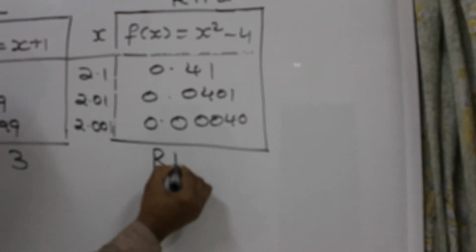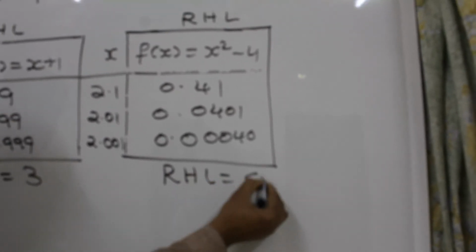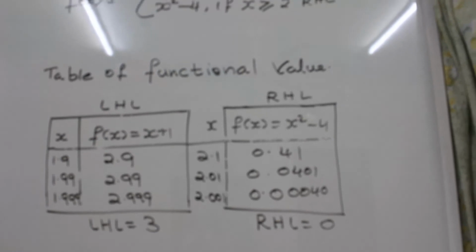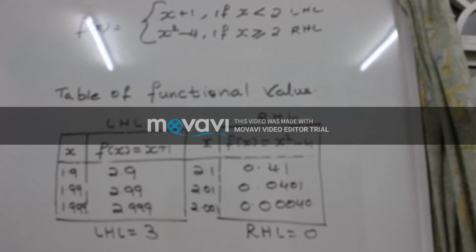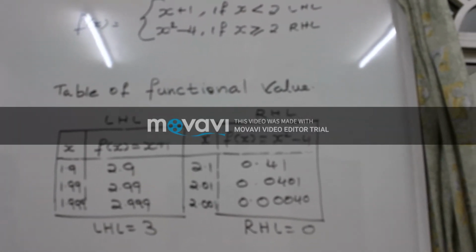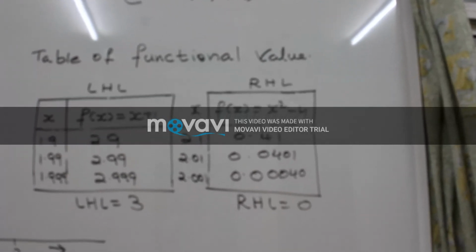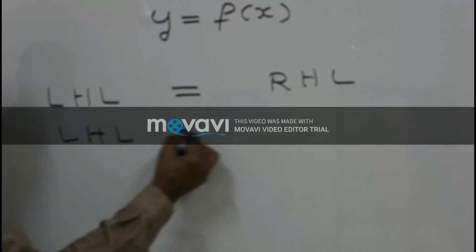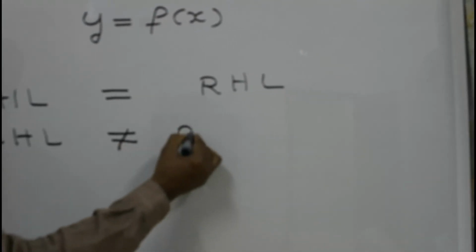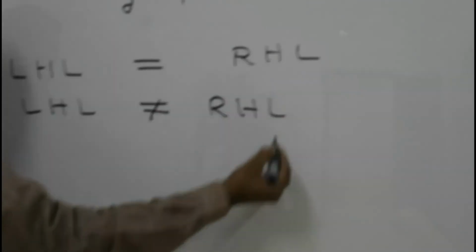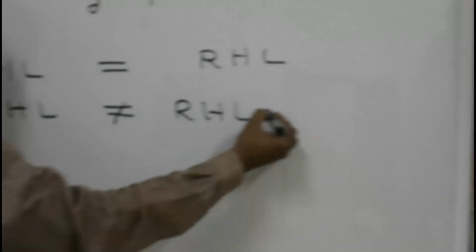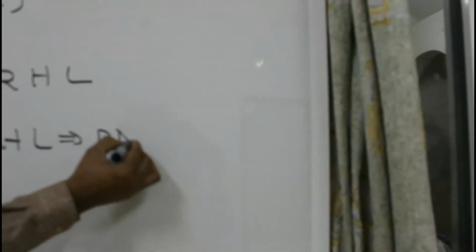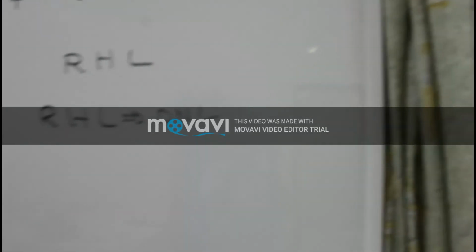So RHL equals 0 here. By using the table of functional values, we understand that LHL is different from RHL. In this case, LHL is not equal to RHL, which implies the function does not have a limit.